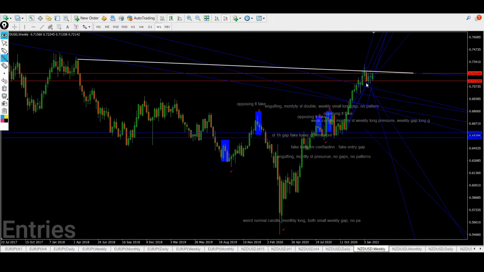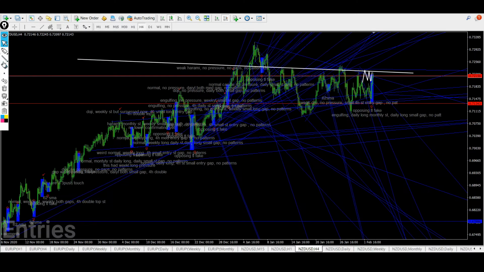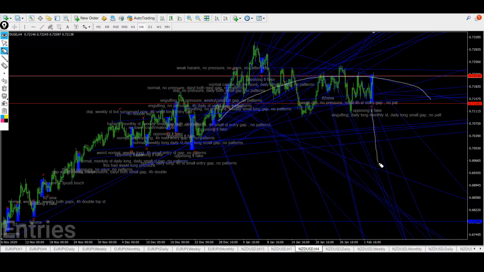We want price to keep respecting that with compact price action, and at this point it is. Simultaneously, this is a 4-hour chart. We want price to either round out, no sudden falls, or get price patterns. So we're looking for a double top, or perhaps a little bit of a fall, then an HNS right here.